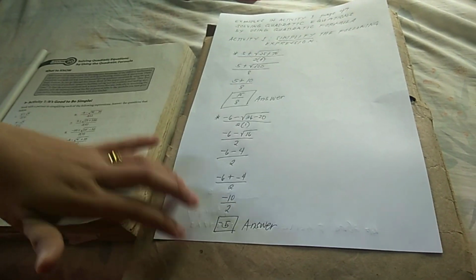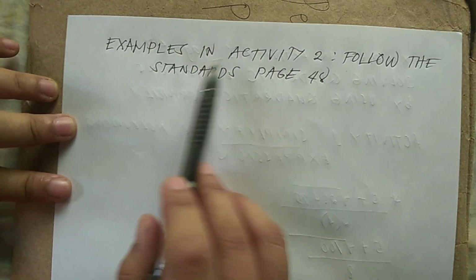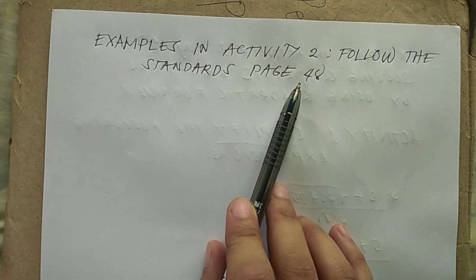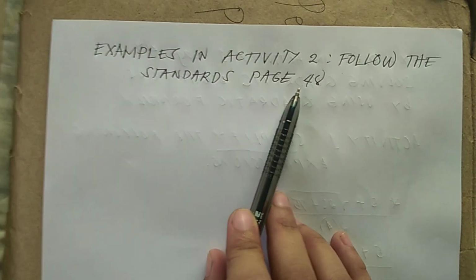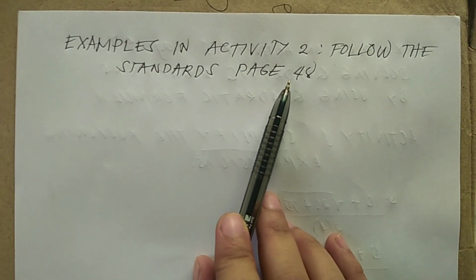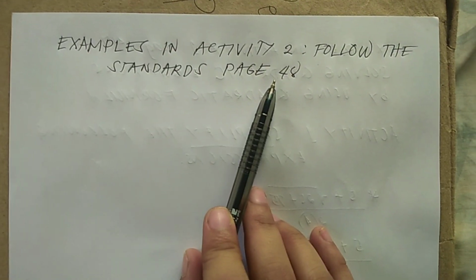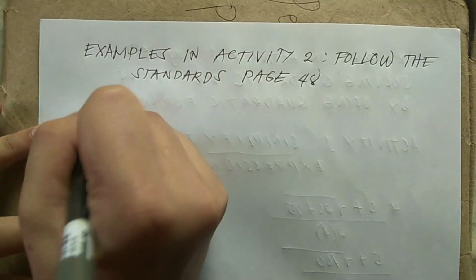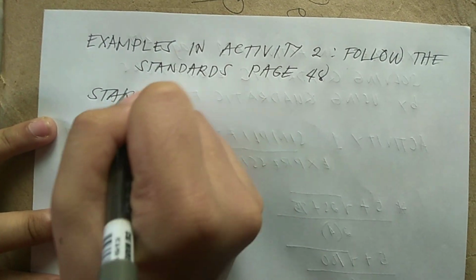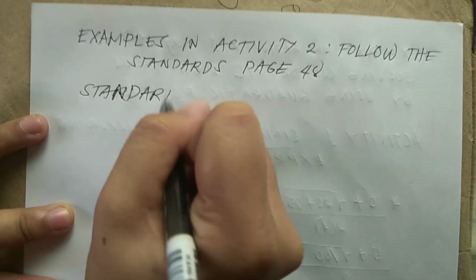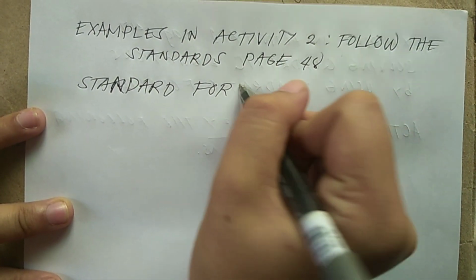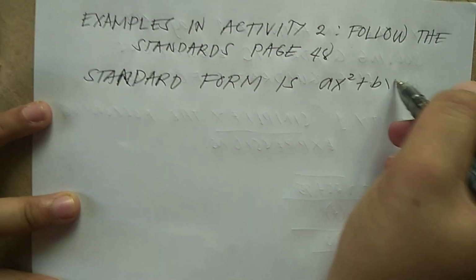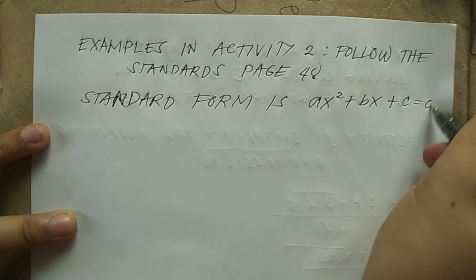Next examples in Activity 2, follow the standards, page 48. In this activity, number 2, you're going to write the following quadratic equations in standard form. Standard form is ax squared plus bx plus c is equal to 0.